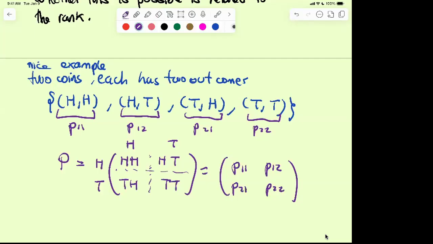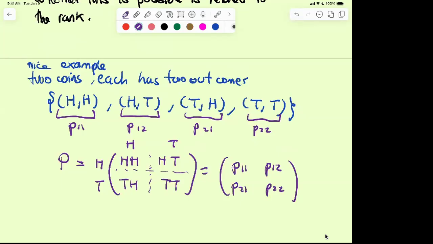And then you could call this the probability matrix or the joint probability matrix. That's probably a better name, joint, because it refers to two things, two coins, right? So that's what we would call this.